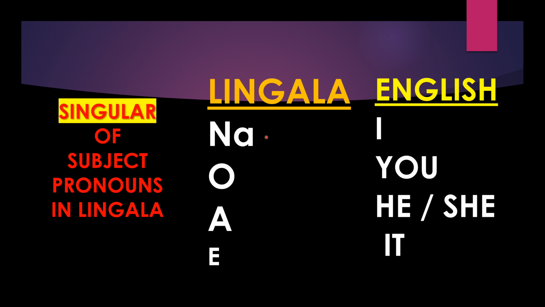Again, na, o, a, and e. Na in English is I. O in English is you. A in English is he or she. E in English is it.